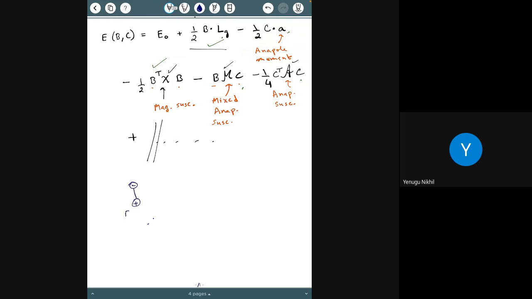This is an electric dipole. Similarly, if you have a magnet with north and south pole, this is a magnetic dipole.